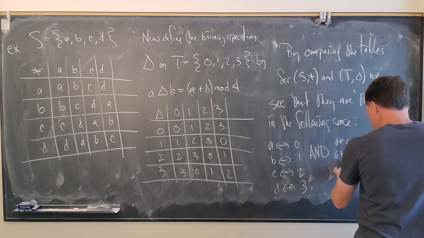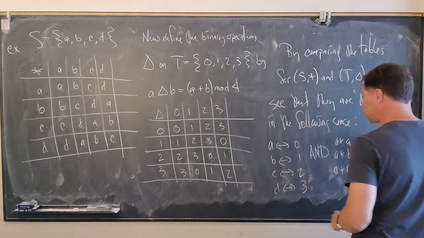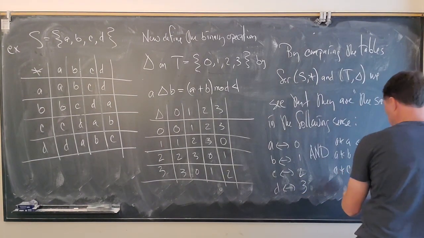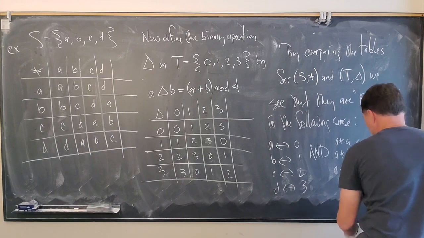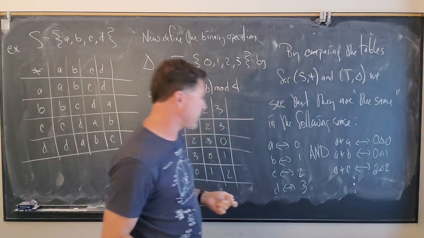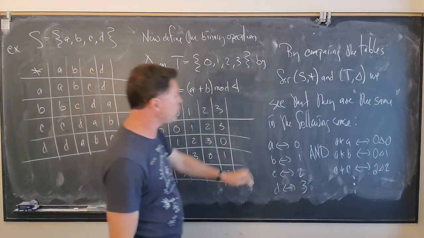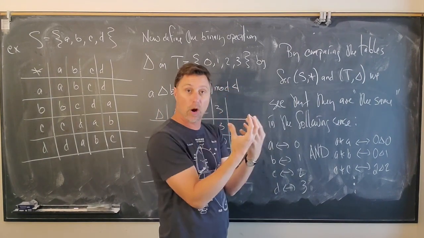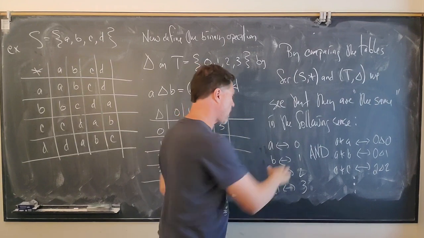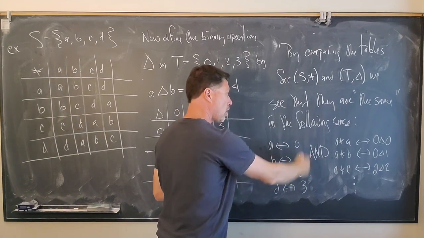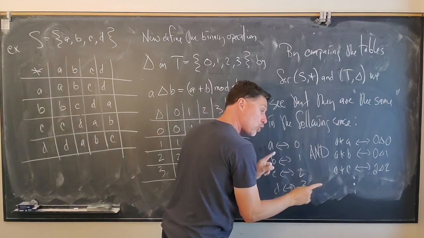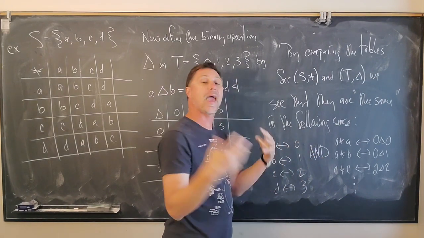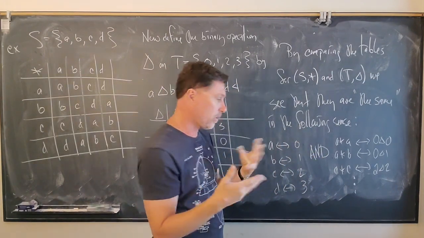C star C corresponds to 2 triangle 2. And I'm going to say etc. here. The point is, if you take any pair of elements on the left, and look at their star, it will correspond under this arrow to the corresponding choice of the two elements on the right-hand side, and their triangle operation.